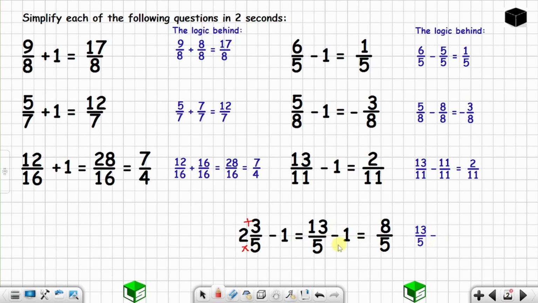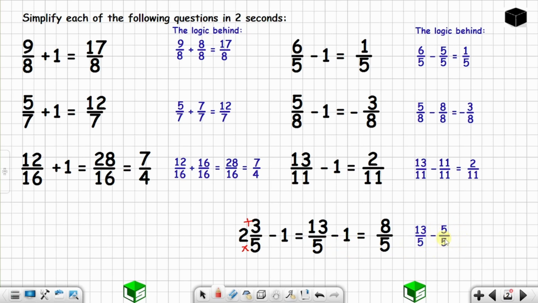You can change 1 in such a way that you have like fractions. So 1 can be written as 5 over 5, and 5 over 5 is 1.